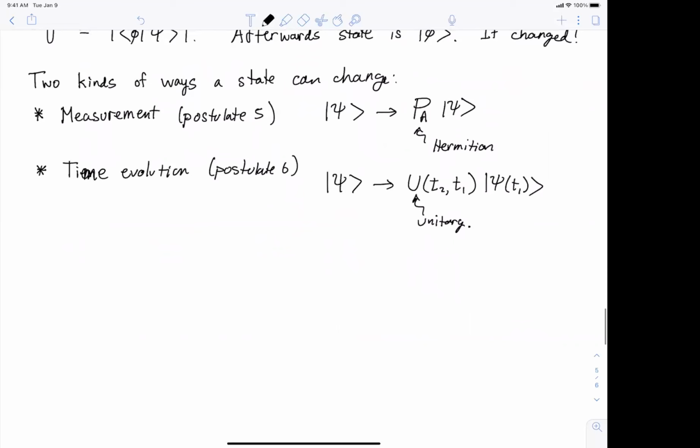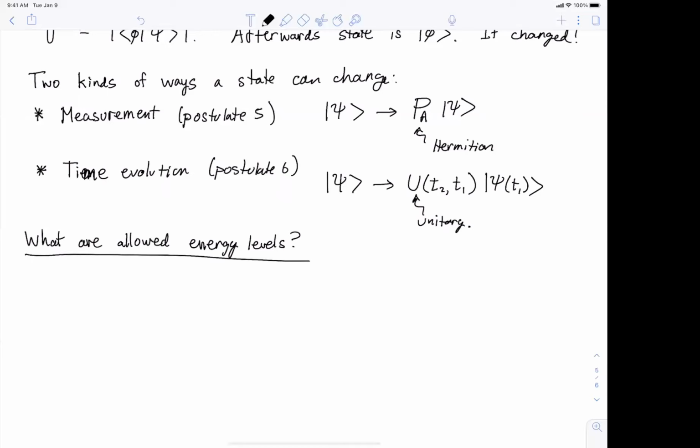Other interesting questions you can be asked: what are the allowed energy levels? There you're really just being asked to solve an eigenvalue equation, which will look something like this.